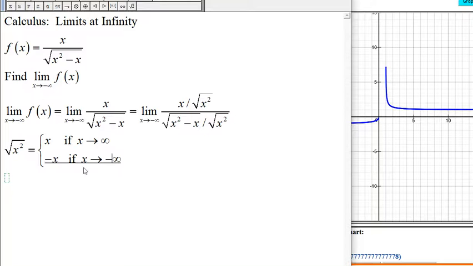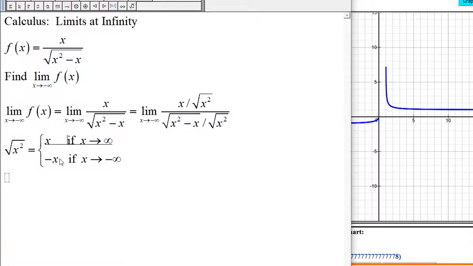The reason for that is because if x is positive, then we just get x. But if x is negative in here, then we get negative x, and the negative of a negative x would be positive. This is how the square root of x squared is defined.